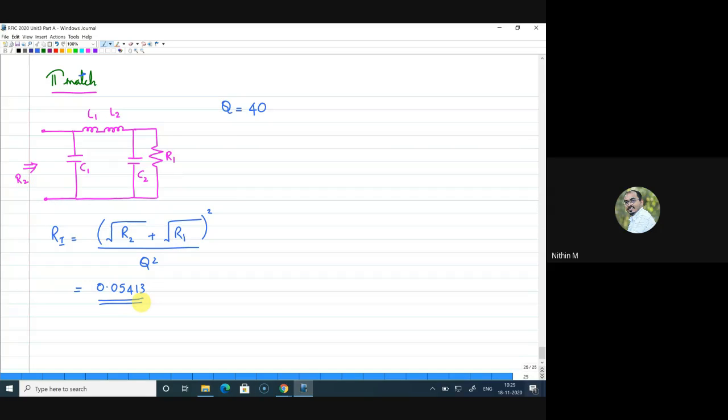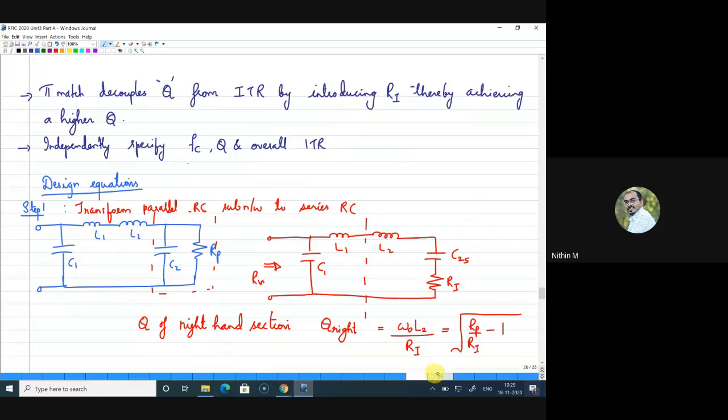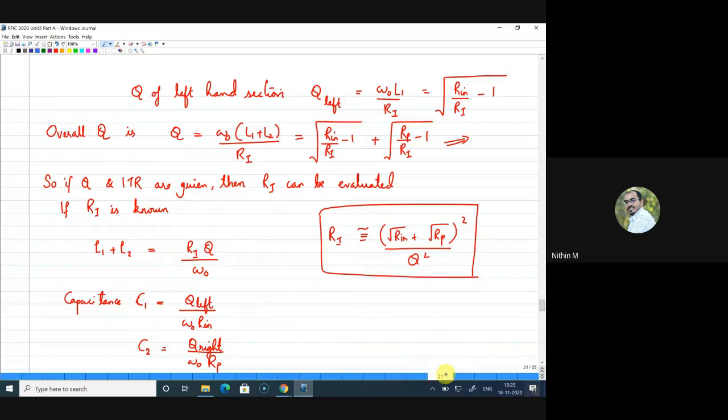Now with the help of Ri, as we have discussed yesterday, if Q and Ri are there, we can actually find the capacitance values C1 and C2. For the equations of C1 and C2, you need to find only Q left and Q right, and L is again Ri into Q by omega naught.